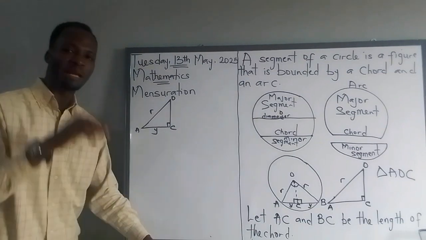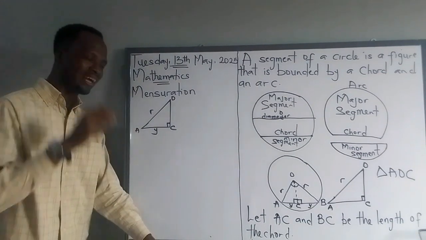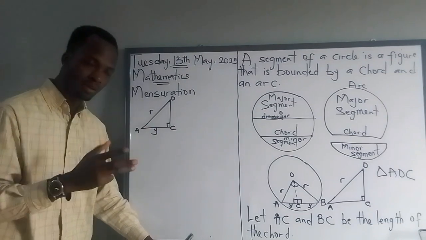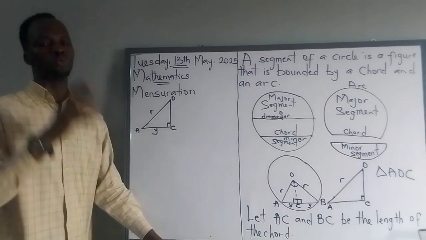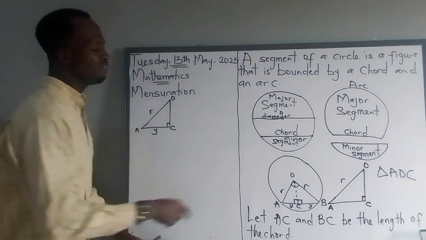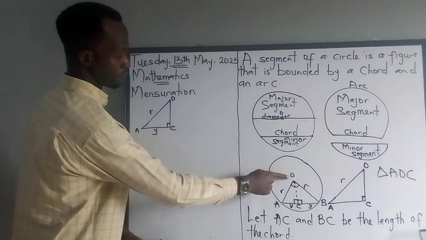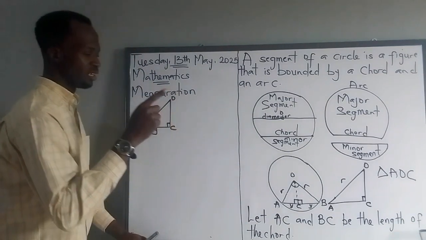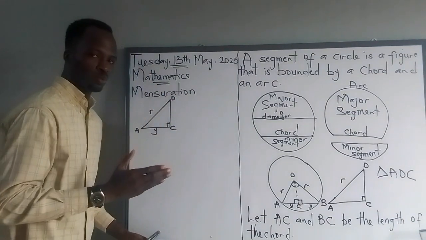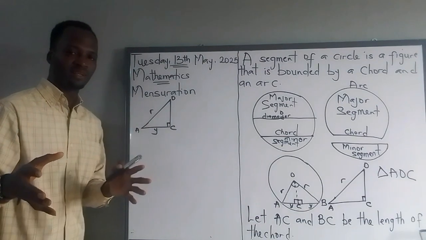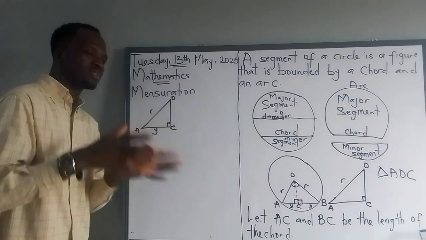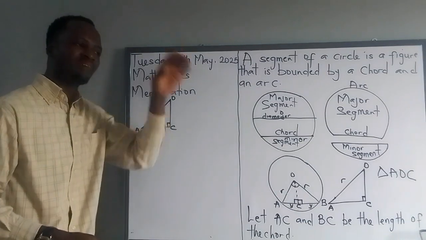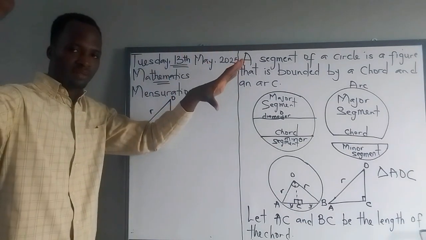Don't forget, a bisector divides an angle or a line into two equal halves. So if the angle at the center is theta and it divides into two, you're going to have half theta plus half theta to make 1 theta.